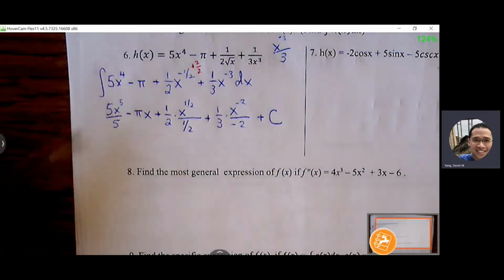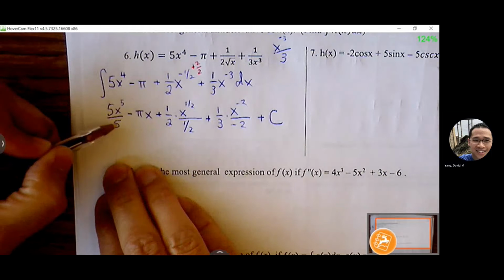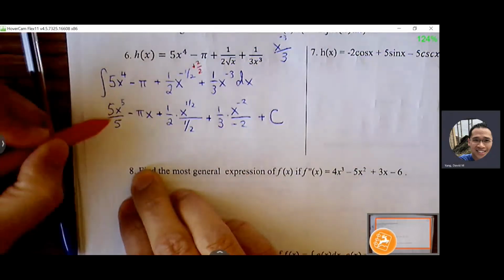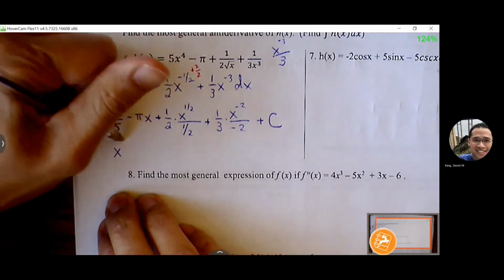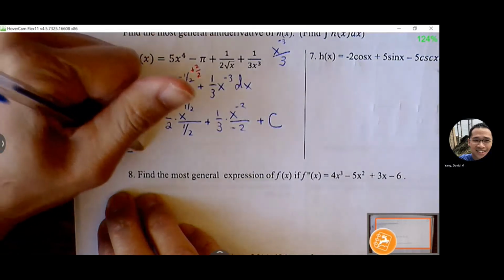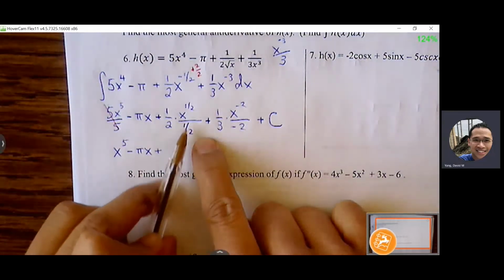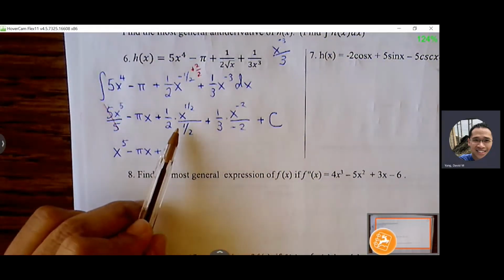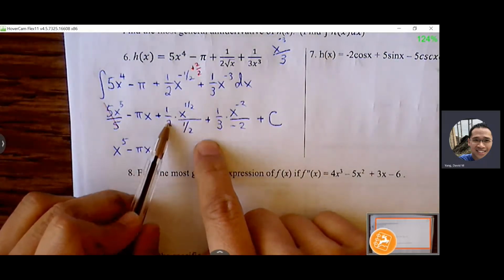All right, we have our answer, but we're going to try to do a little bit more cleanup here. So the 5s can cancel out. I'm going to flip that 1/2 to the top. It's living in the denominator right now. If I flip that 1/2 to the top, it becomes 2. 2 times 1/2 is just 1.